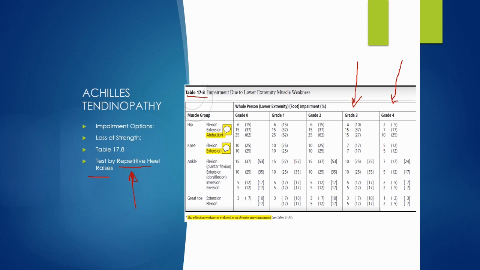So grade 4 representing approximately 25% loss of strength, grade 3 representing as much as 50% loss of strength, qualifies for 7% whole person impairment in the case of a grade 4 muscle strength grading, and as high as 10% in a grade 3 muscle strength grading.